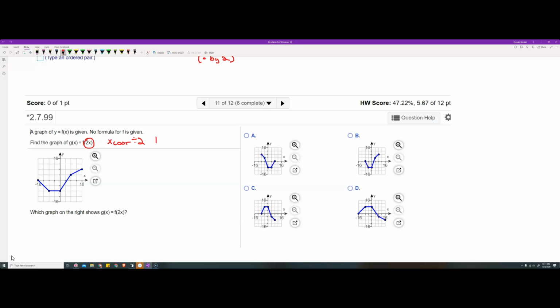So we'll have what is known as a horizontal squeeze. So what will happen is this x coordinate, like I've got a point that's at (-16, 0). Divide that by 2, the new point is going to be at (-8, 0).